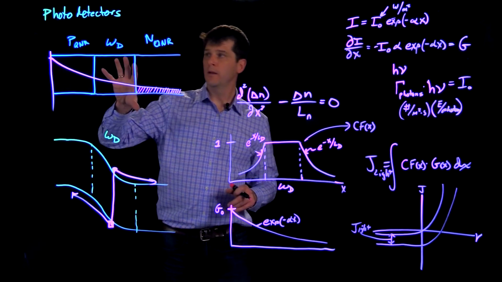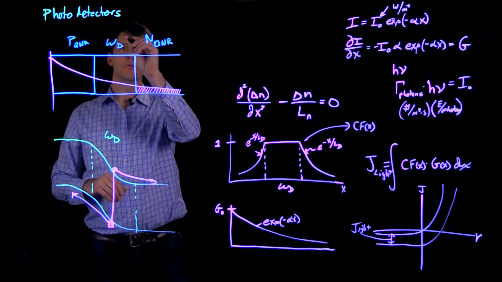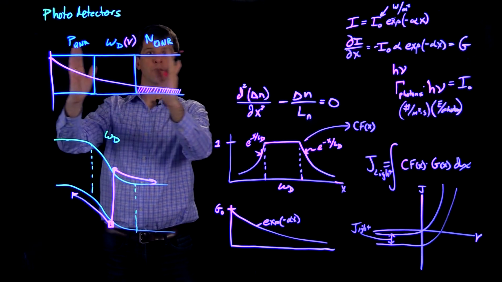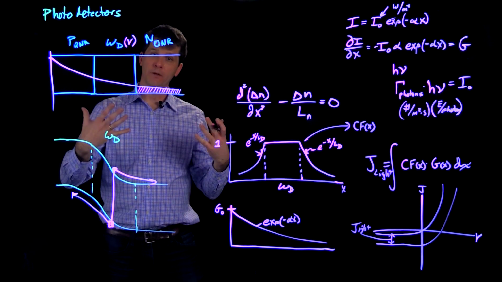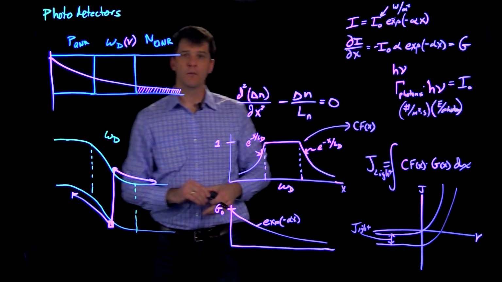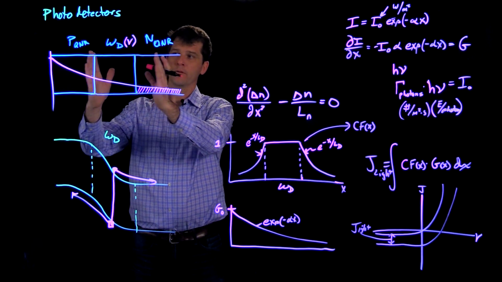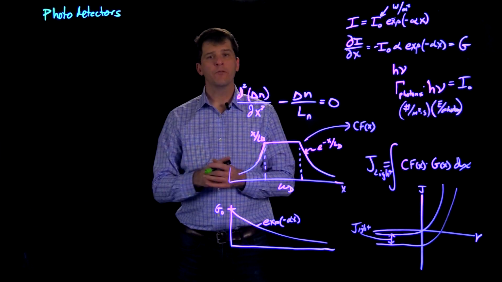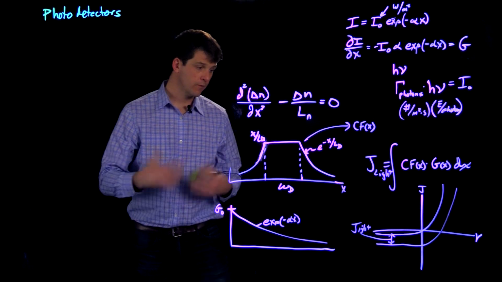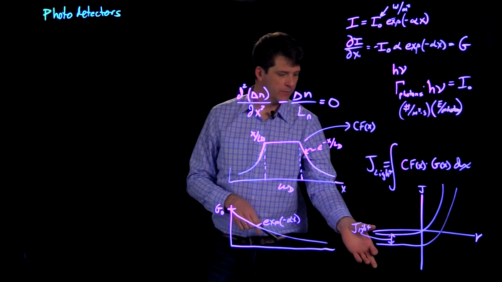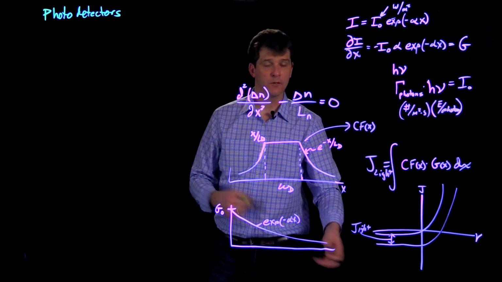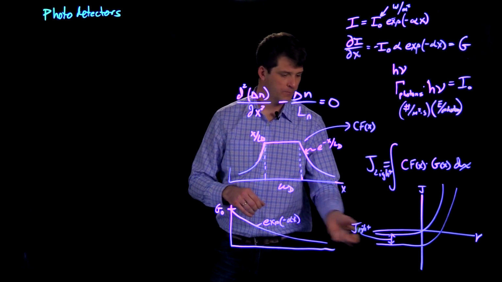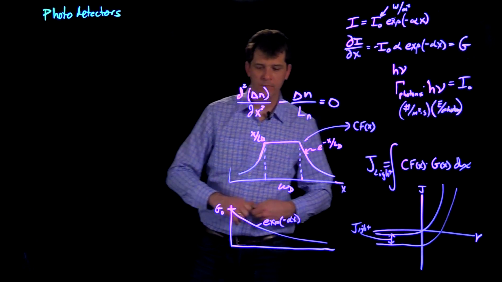And of course, as you apply different biases, the depletion width will either shrink or expand, just as we've discussed previously in terms of reverse bias expanding the depletion width, for example. So if we want to maximize the current or the signal that we're getting from our photodiode here in this third quadrant, our goal would then be to maximize the amount of current that we get in the light.